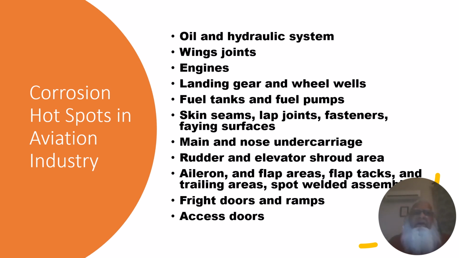Wing joints, engines, landing gear and wheel wells, fuel tanks and fuel pumps, skin seams, lap joints, fasteners, fairing surfaces, main and nose undercarriages, rudder and elevator shroud area, aileron and flap areas, flap tracks and trailing areas, spot welded assemblies, freight doors and ramps, and access doors.